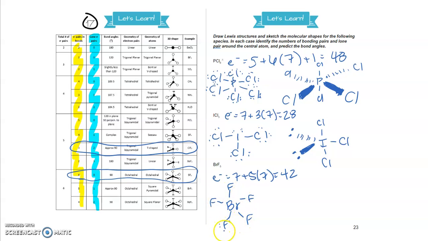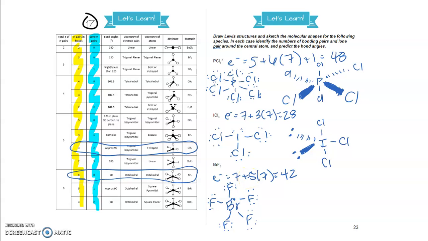Well, they need 6 more to get them to 8. Add them all up, okay? 2, 4, 6, 8, 10, 12, 14, 16, 18, 20, 22, 24, 26, 28, 30, 32, 34, 36, 38, 40. I need 42, okay? So that means I have to put 2 more on the middle.